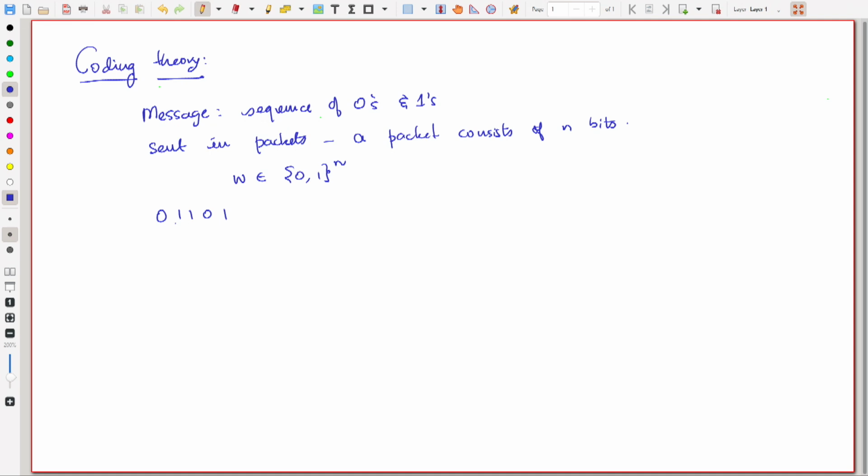So if you have 7 bits, there are 2 times 2 times 2, 2 to the power 7 total different signals that can be sent. But most communication channels have occasional errors. So, a 0 might get changed to a 1.